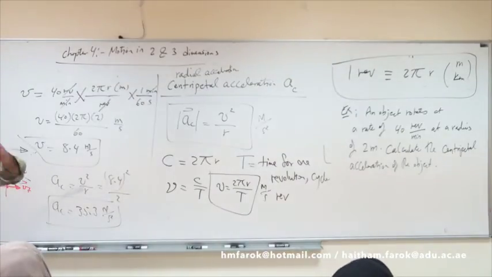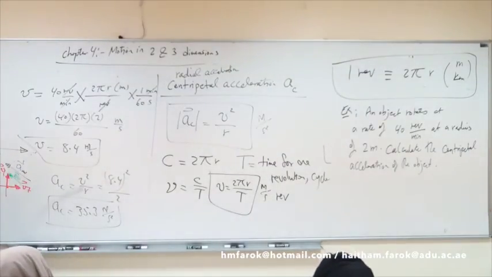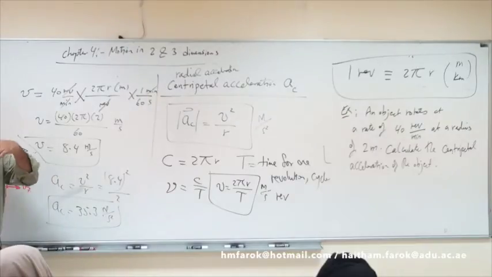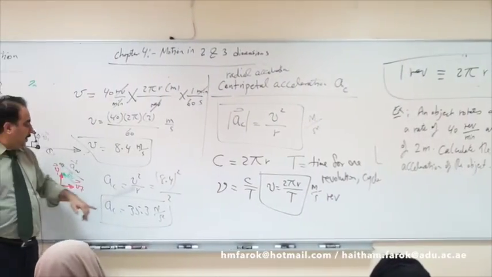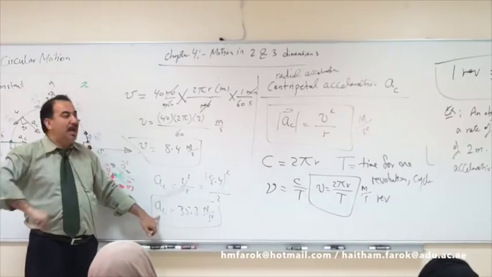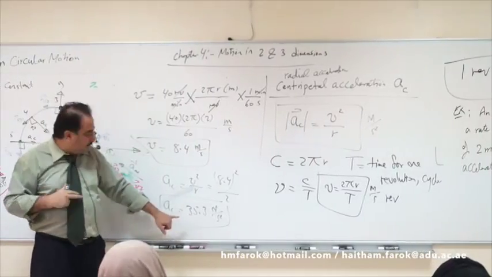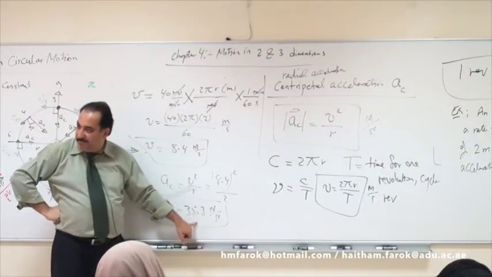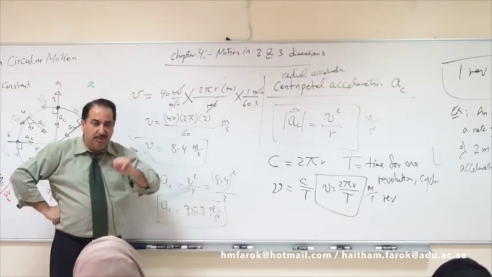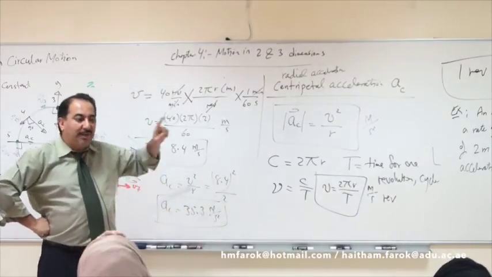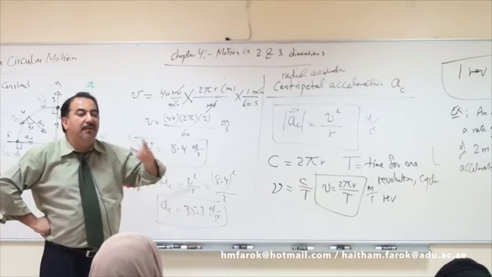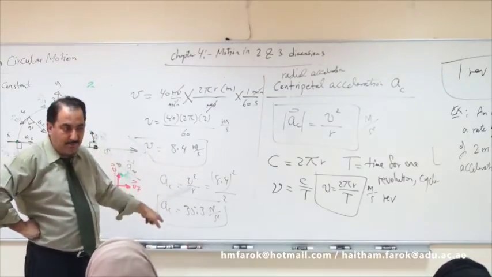Now I want you to think in reverse. Suppose I change the question. I give you the acceleration and the radius. Centripetal acceleration is 35, and the radius is given. What's the question? At how many rev per minute does this object move?